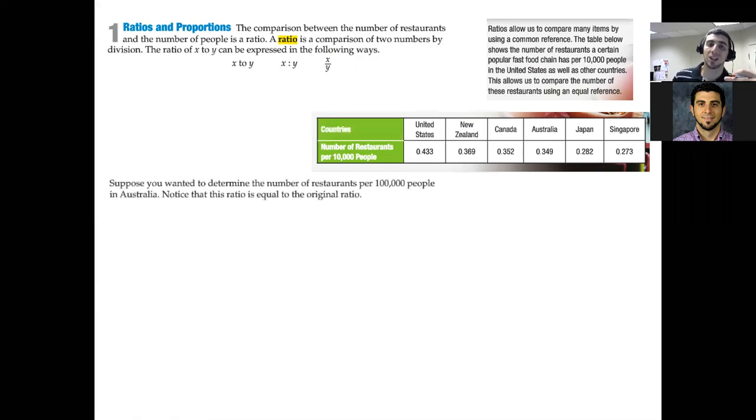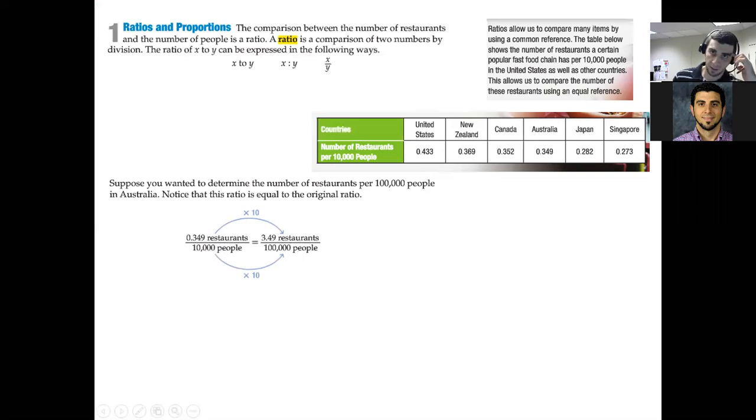So suppose you wanted to determine the number of restaurants per 100,000 people in Australia. Notice this ratio is equal to the original ratio. If I have 0.349 restaurants in Australia per 10,000 people, I want to know how many I would get per 100,000 people.